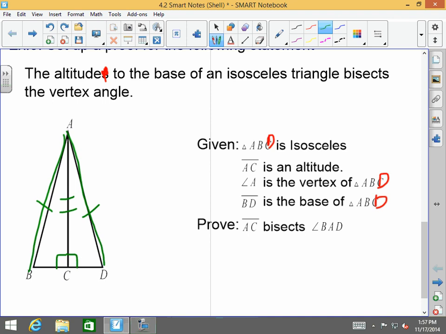So that means that triangle ACB is congruent to triangle ACD, as in dog, because of HL. And then you would know that angle BAC is congruent to angle DAC because of CPCTC. And then you would know that AC bisects angle BAD because of definition of angle bisector.